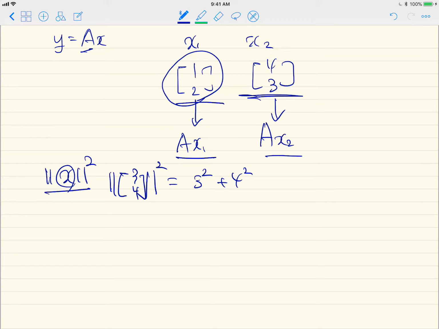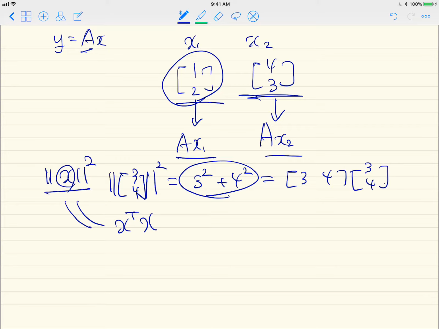The squared version of this vector length can also be represented as x transpose x, because this is 3, 4 times 3, 4. It's a quite useful trick, because the norm operation cannot easily bring the vector inside out.